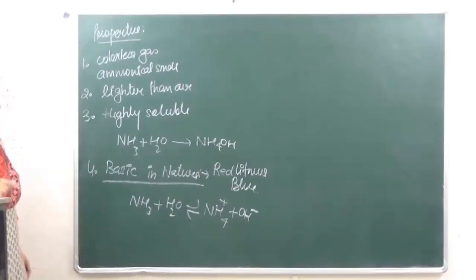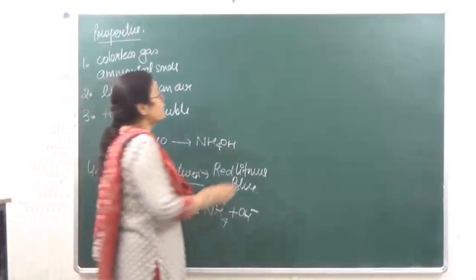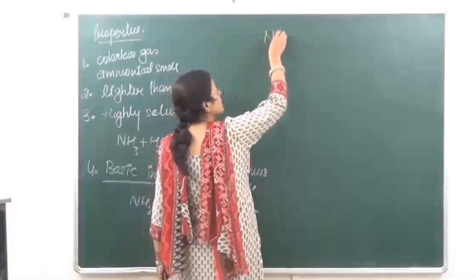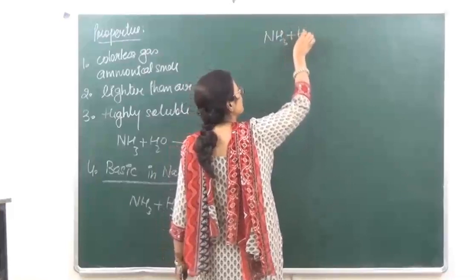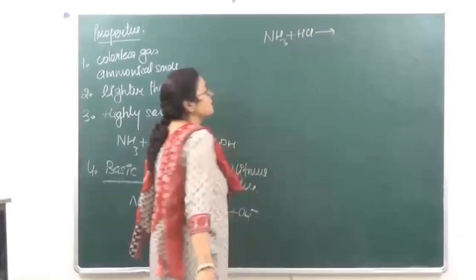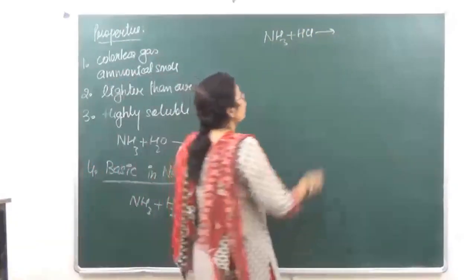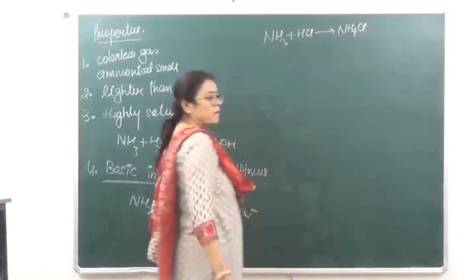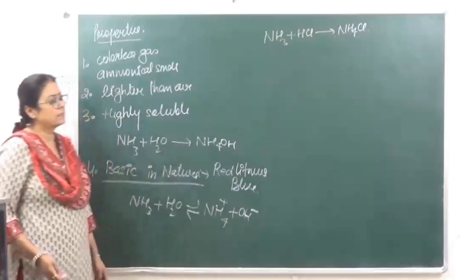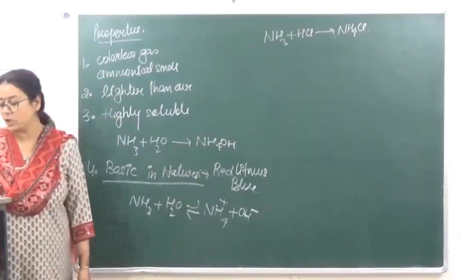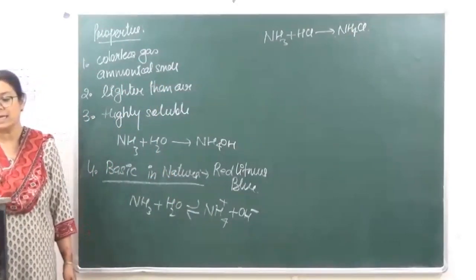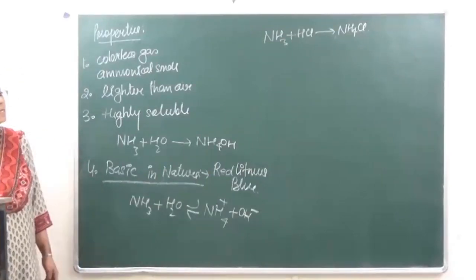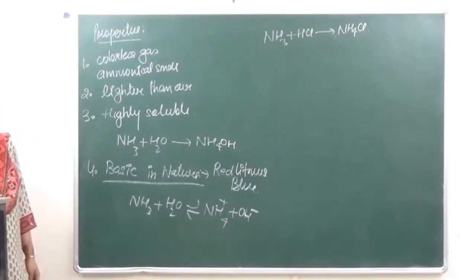Now, because of its basic nature, ammonia has a tendency to react with acids. So if we react NH3 with HCl, it is going to give us a salt, which is ammonium chloride. Okay? So because of its basic nature, it has a tendency to react with acids, and it can also react with sulfuric acid in a similar manner.